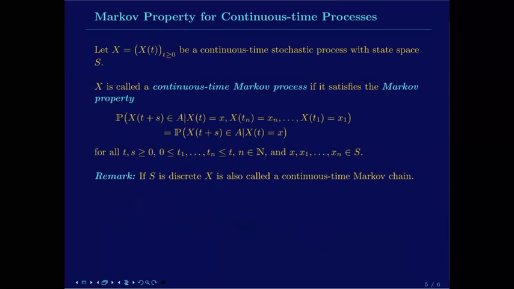If you have a time-continuous stochastic process, the Markov property cannot be as easily written down because we lack the notion of a next point in time. So instead, we have to look at any arbitrary point in time in the future, where we condition here on the past.